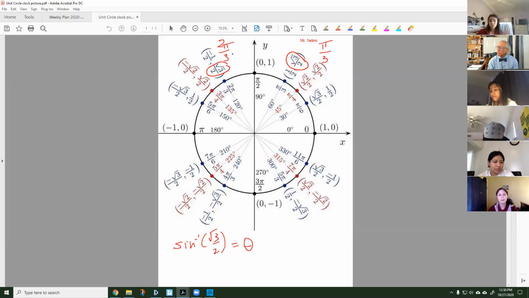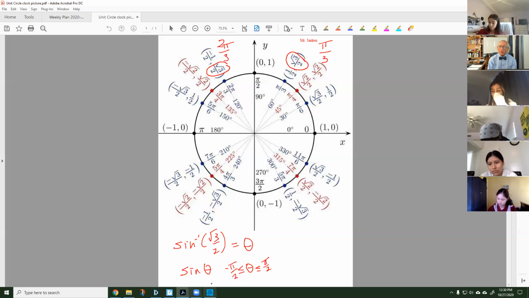What am I going to do? How am I going to decide? Well, the way I'm going to decide is I'm going to remember that we can only do this where sine theta is for theta less than or equal to pi over 2, greater than or equal to negative pi over 2.